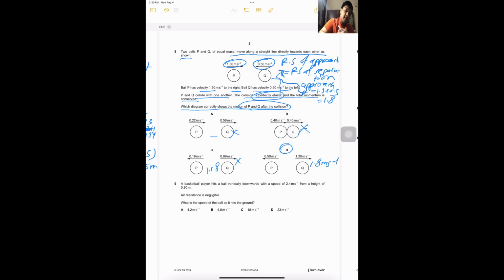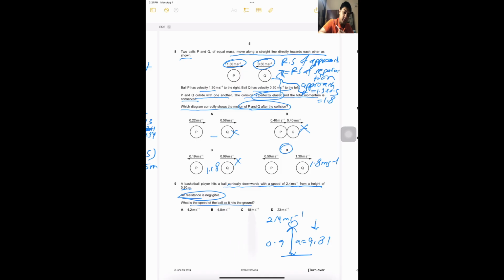A basketball player hits a ball vertically downwards with a speed of 2.4 meters per second from a height of 0.9 meters, with an acceleration of 9.81. Air resistance is negligible, which means constant acceleration. What is the speed of the ball?